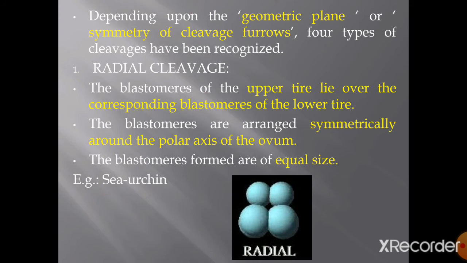Please do remember this. The blastomeres are arranged symmetrically around the polar axis of the ovum, and they are of equal size. The best example for this is sea urchin eggs.